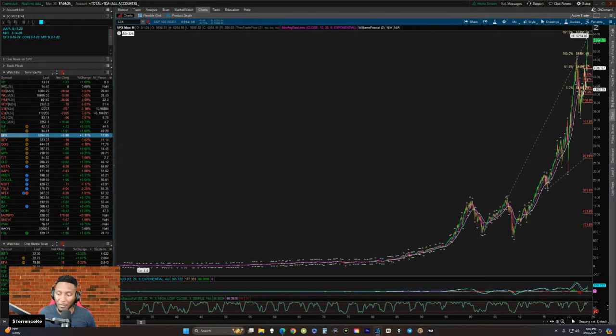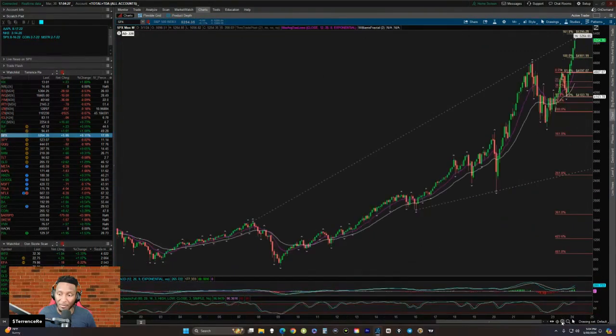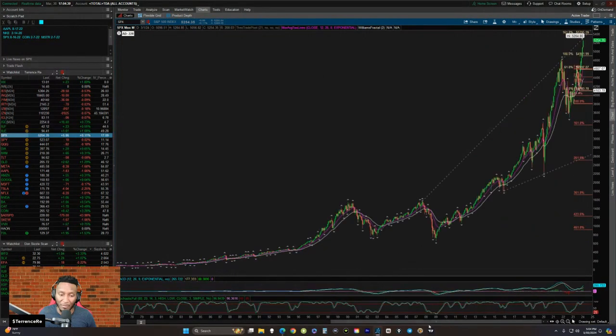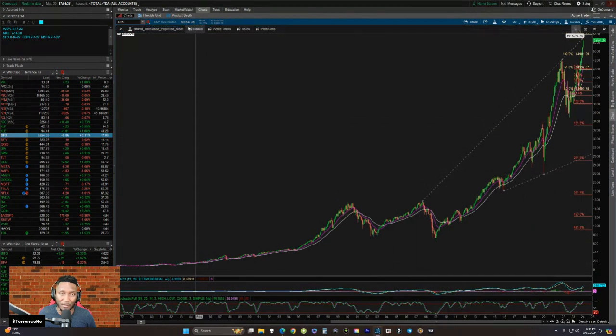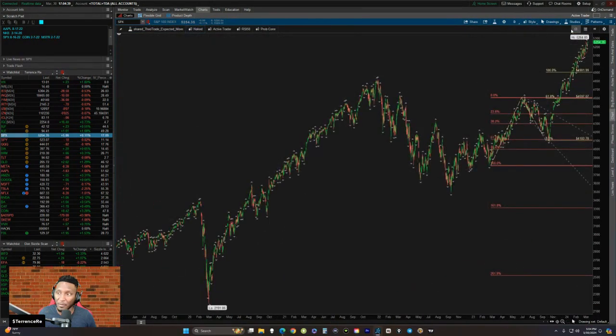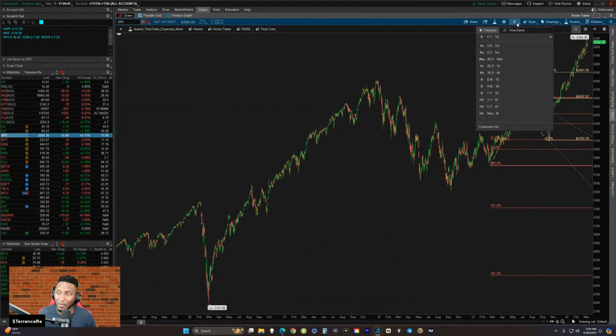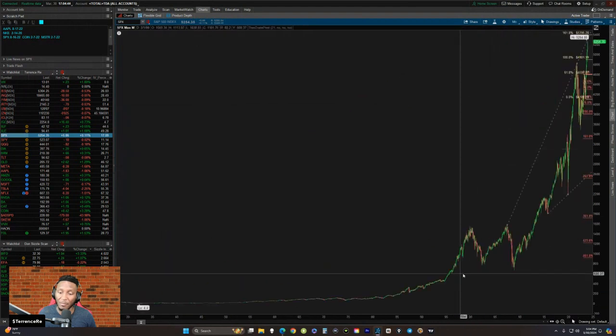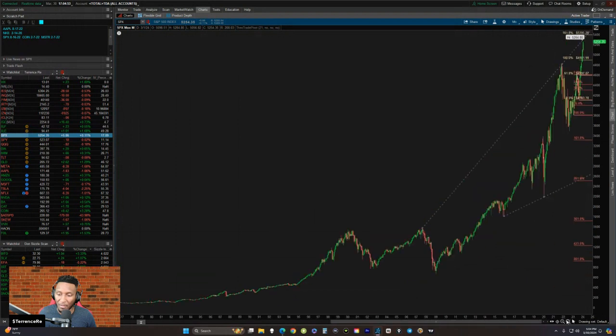This is the SPX right here. This is the SPX. So, let's take all this off. Let's just do a naked chart, because this ain't up for debate. These are monthly candlesticks. This is from way back. This is a max monthly chart. I don't even know how many years this goes back, but you can see the market tends to go up more than it goes down.